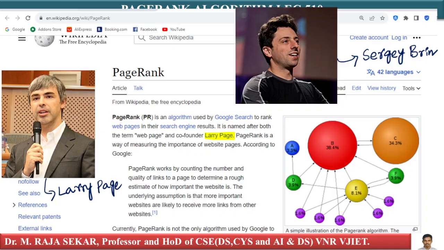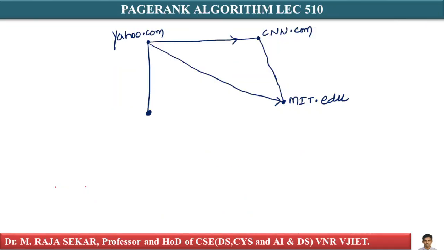You can think of the whole of the internet literally as a set of pages. Imagine this is yahoo.com, this is cnn.com, and this is mit.edu.